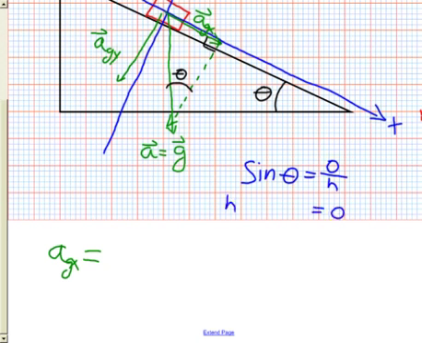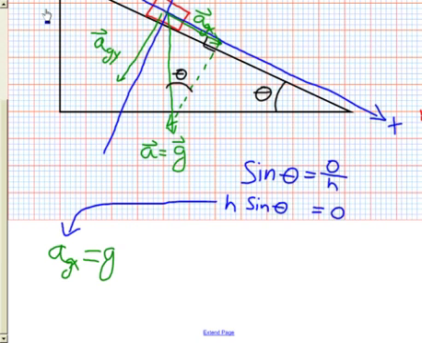It equals h times the sine of theta. That's the one we're going to use here. Now look, my opposite side is a of gravity in the x direction. What's my hypotenuse? Well, my hypotenuse is little g.